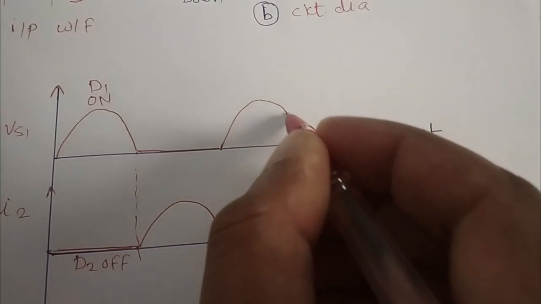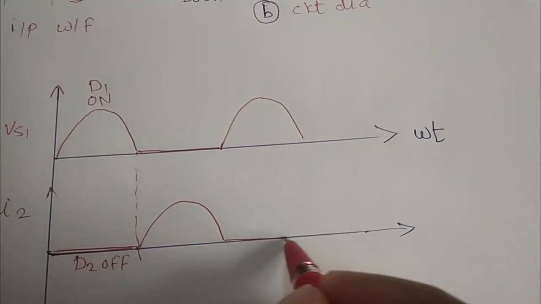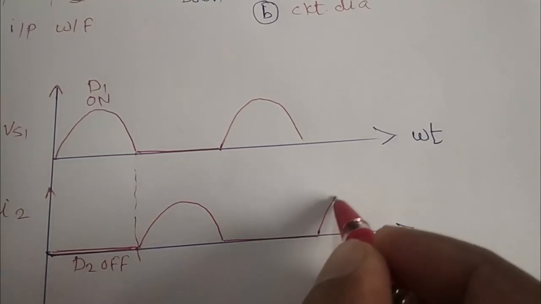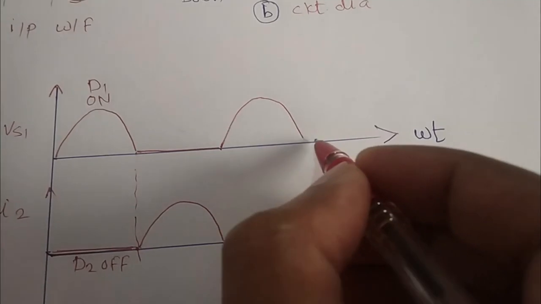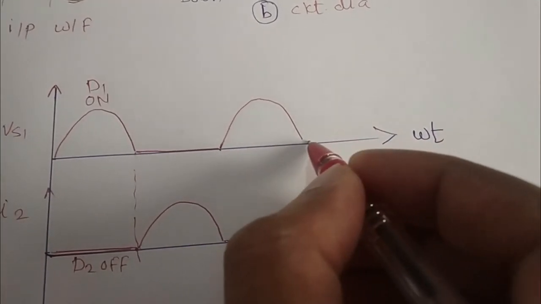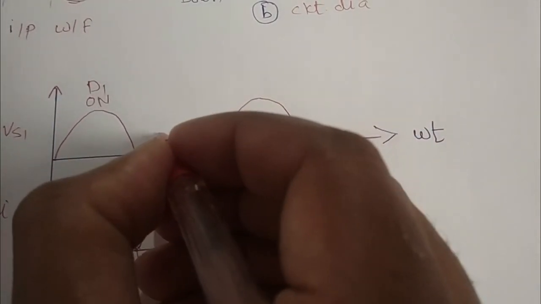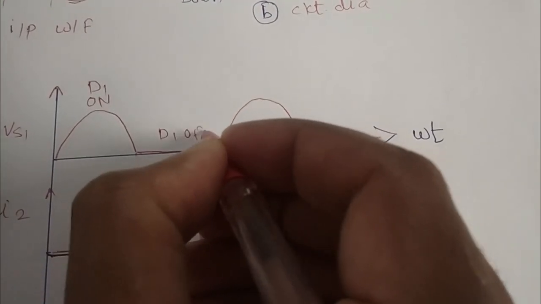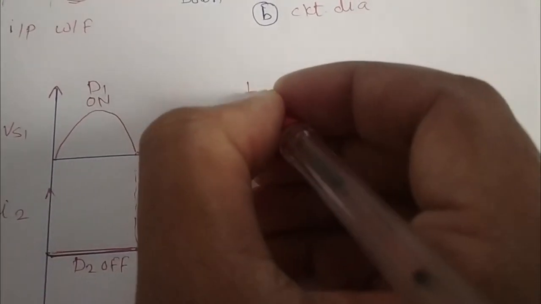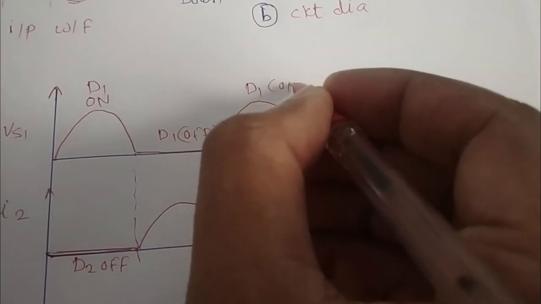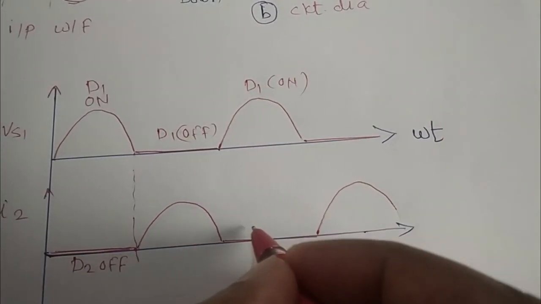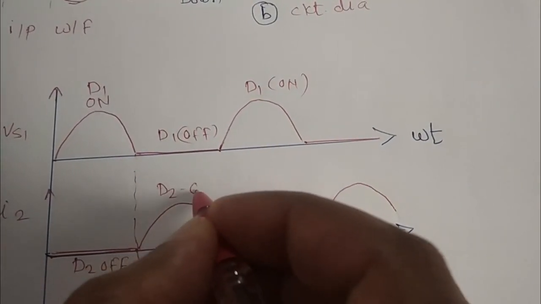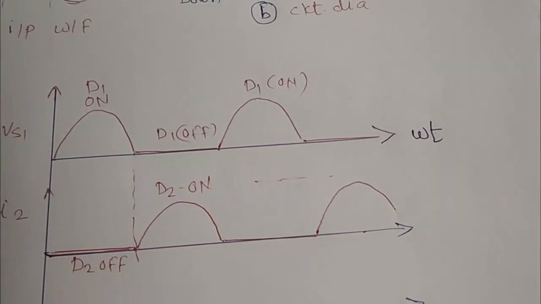Again D1 will be on, D2 will be off, and then D1 will be off, this one will be on. So this will keep on repeating, right? So here D2 is on and so on.